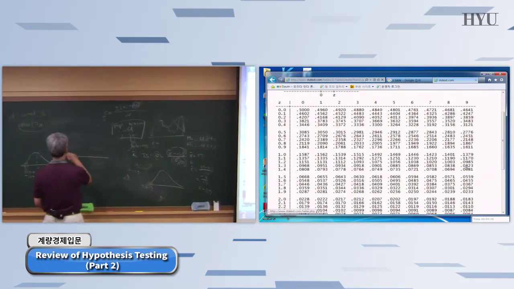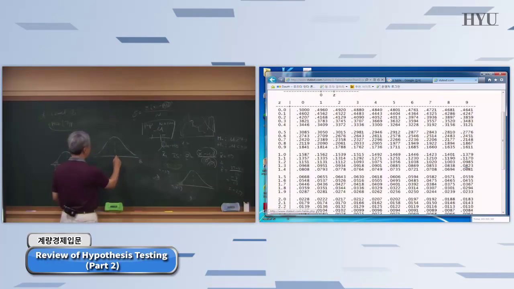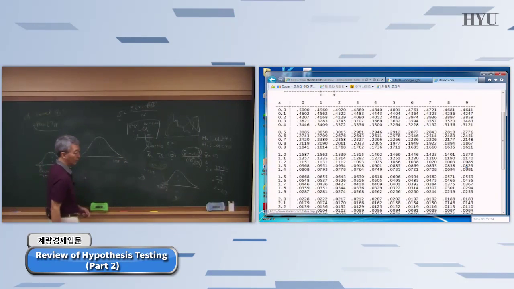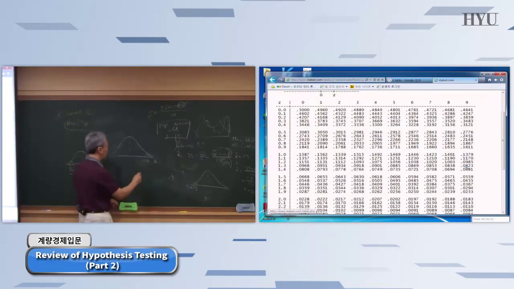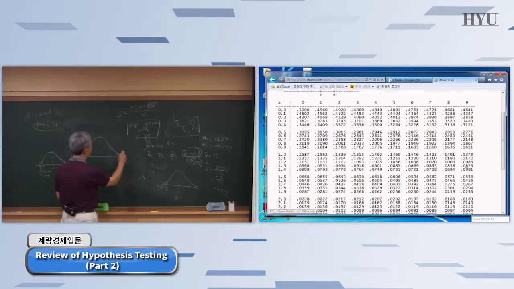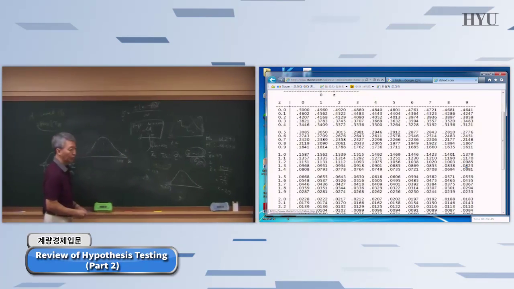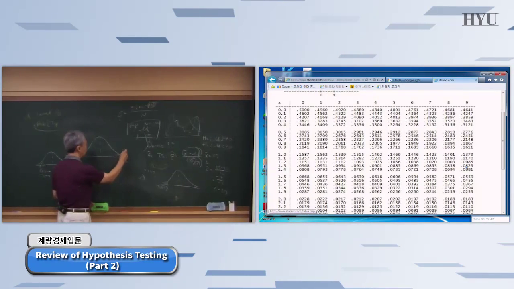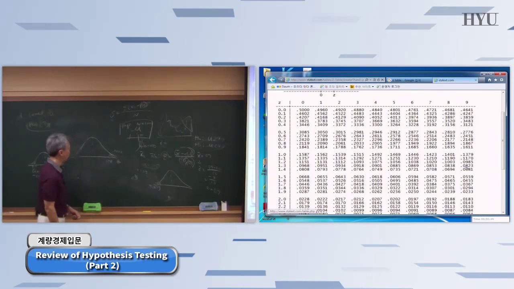What that tells us is, when we have the z distribution, if you have 1.28, then the size of the area outside 1.28 is almost 0.1, 0.1008.